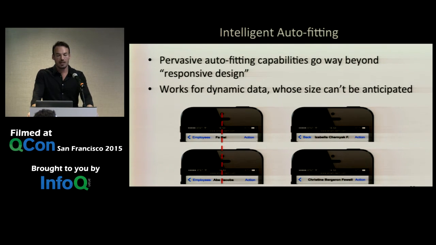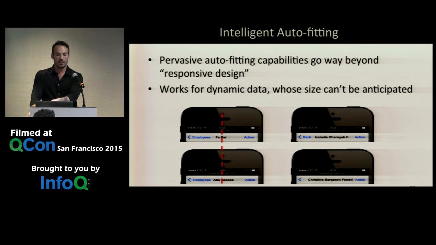Just below it, that red line is the center line. This employee has a slightly longer name, and you can see that it's been subtly shifted to the right. So there's a threshold number of pixels where we will shift it off-center in order to be able to maintain the full title. This is a very subtle detail that you'll see in iOS as well.